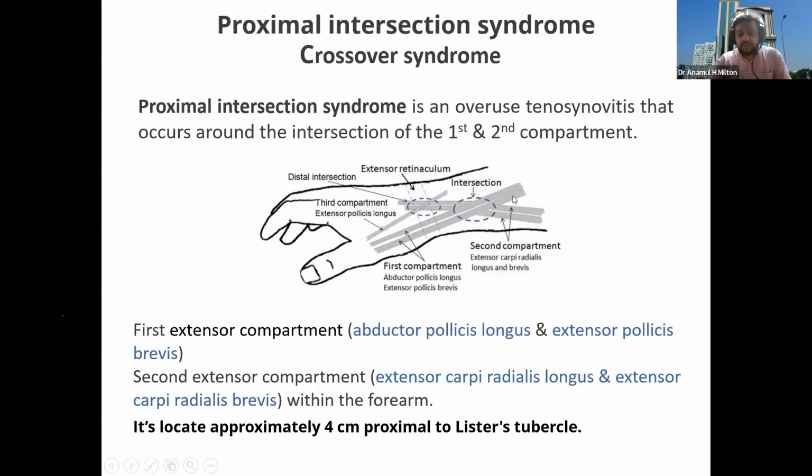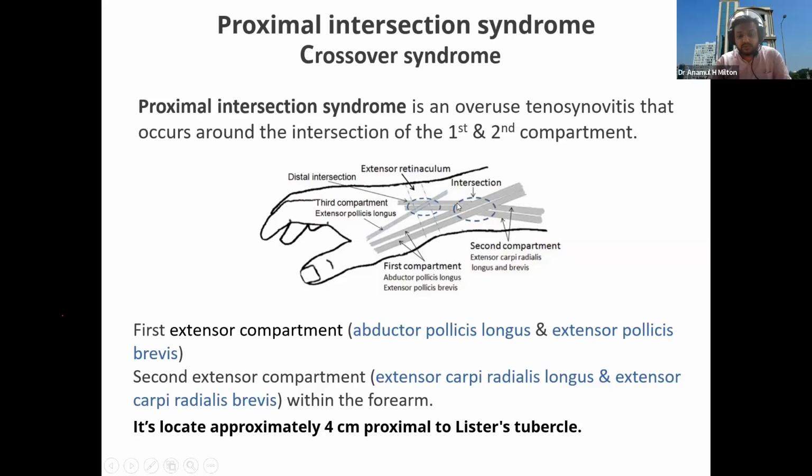So this is the first compartment. There are two tendons: one is the abductor pollicis longus and another is the extensor pollicis brevis. These two tendons go to the thumb, and the other two tendons, in the second compartment, are the extensor carpi radialis longus and extensor carpi radialis brevis.